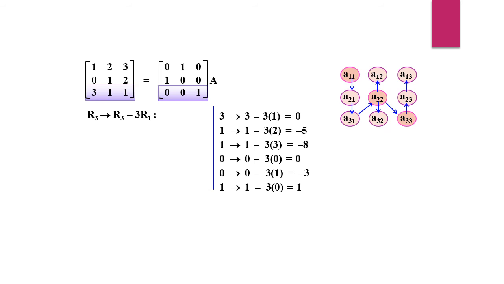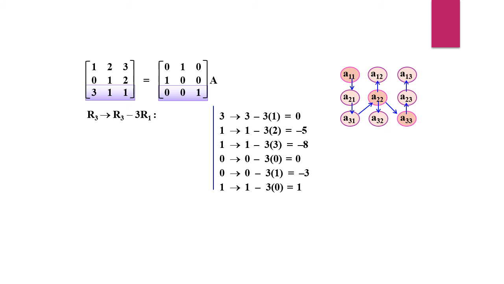Similarly, we apply the procedure on the other side. The first element of R3 is 0 minus 3 into the first element of R1, that is 0, we get 0. Next, the second element minus 3 into the second element of R1, we get minus 3.